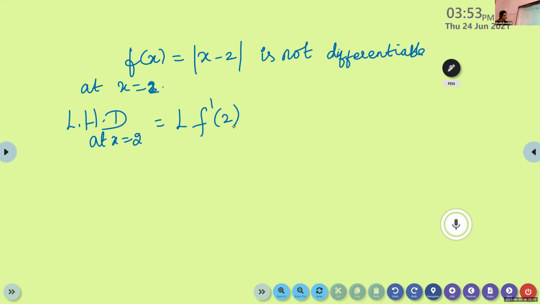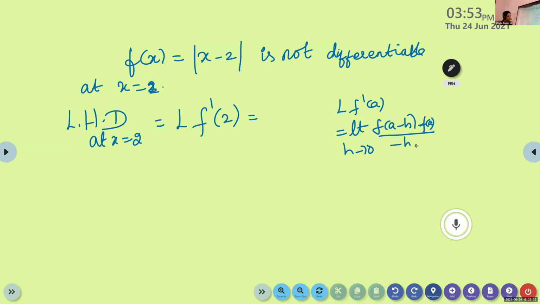Listen children, don't write. What is L of f dash of a? What is the left-hand limit? What is the formula we have learned? Left-hand derivative f dash of a is limit h tending to 0 of f of a minus h minus f of a by minus h, isn't it? This is the formula.